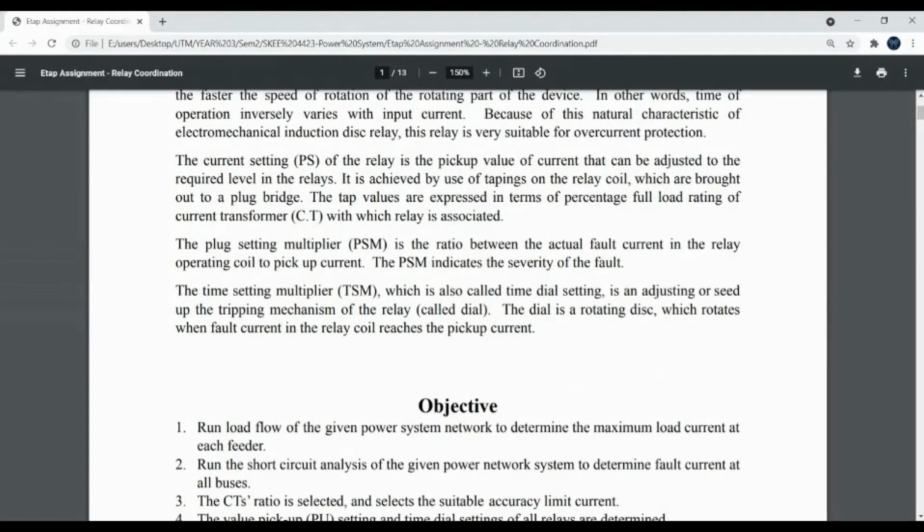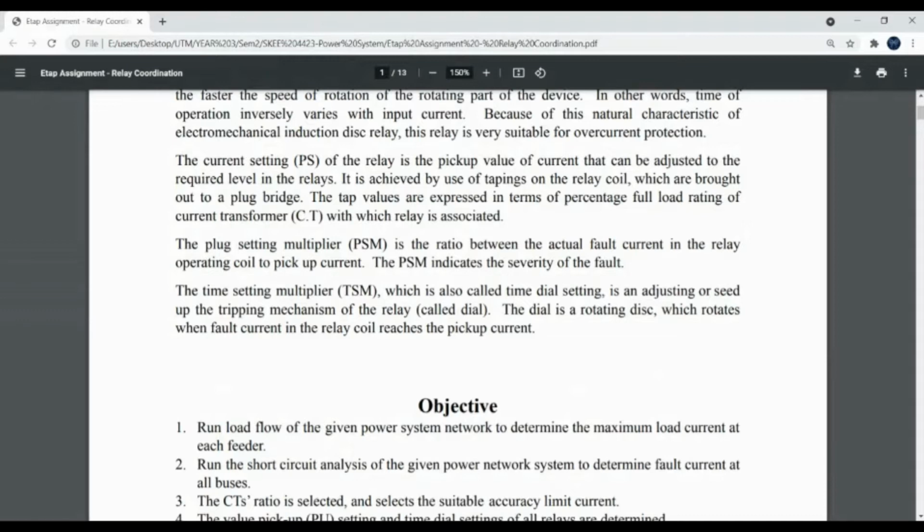It is achieved by use of tapping on the relay coil, which are brought out to a plug bridge. The tap values are expressed in terms of percentage full load rating of current transformer with which relay is associated.